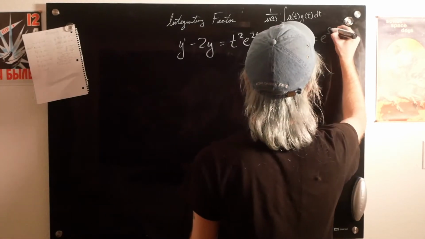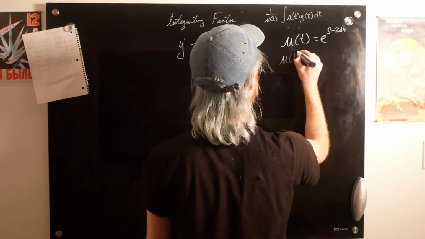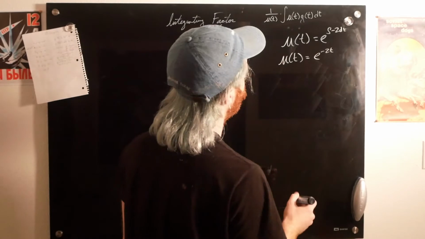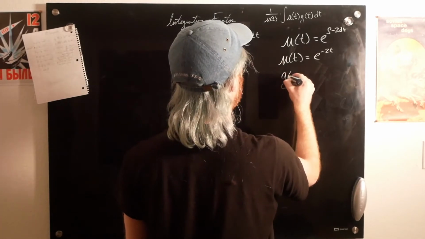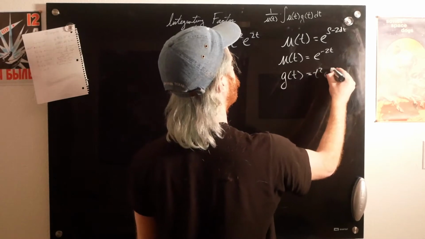It definitely got me a bunch. So negative 2 dt, so that means mu of t equals e to the negative 2t. And g of t equals t squared e to the 2t.